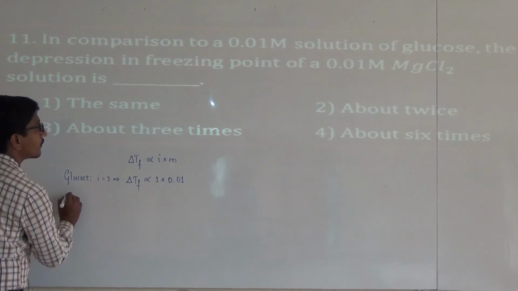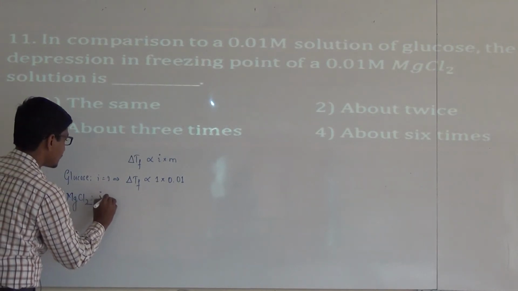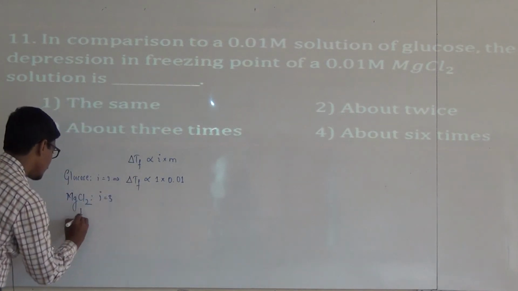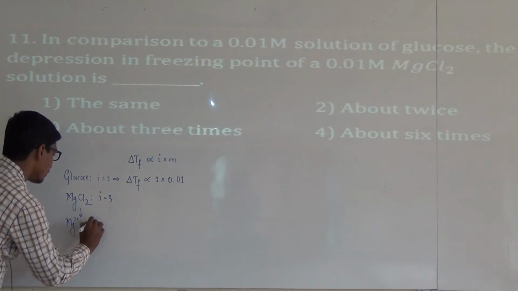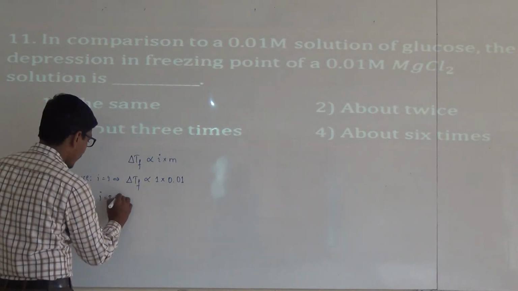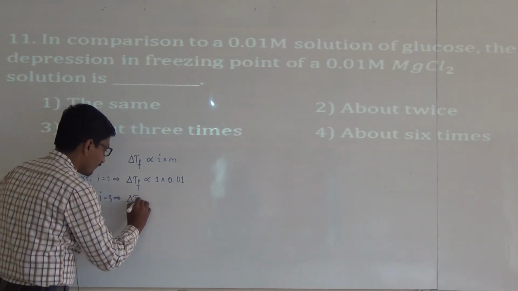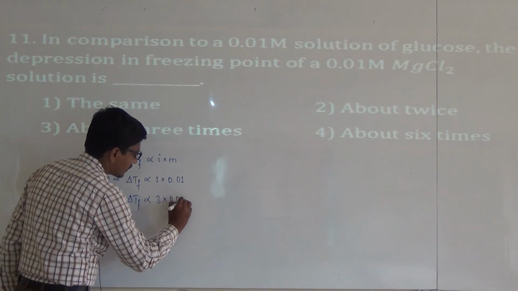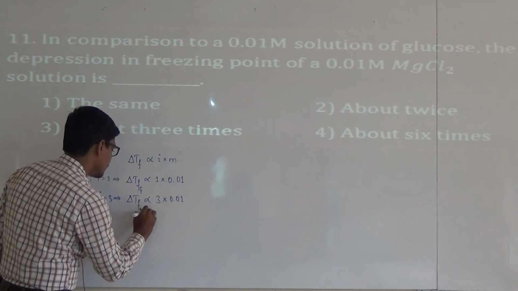And for MgCl2, i is 3. It dissociates into Mg2+ and 2Cl minus, so the van't Hoff factor for MgCl2 is 3, and delta Tf is directly proportional to 3 into 0.01. This is for glucose and this is for MgCl2.